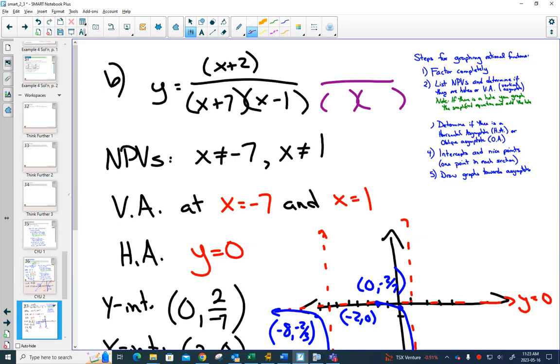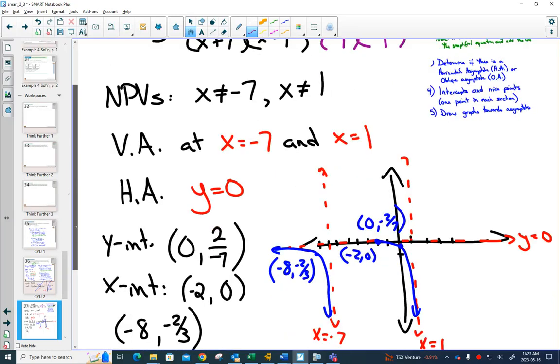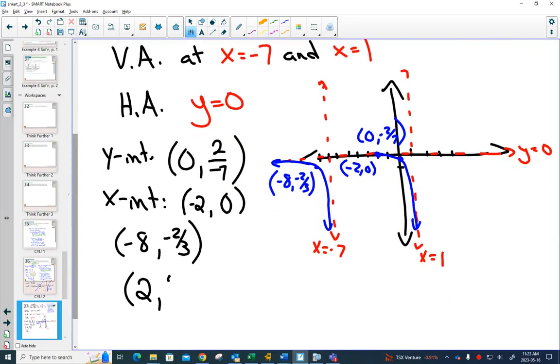And then if I plug in 2, do you see this will be 4? 2 plus 7, this will be 9. 2 minus 1, this will be 1. We will get 4 over 9. So that's my next nice point. 4 over 9. Go to my graph. 2, 4 ninths. And that's enough in this section to draw towards the asymptotes.